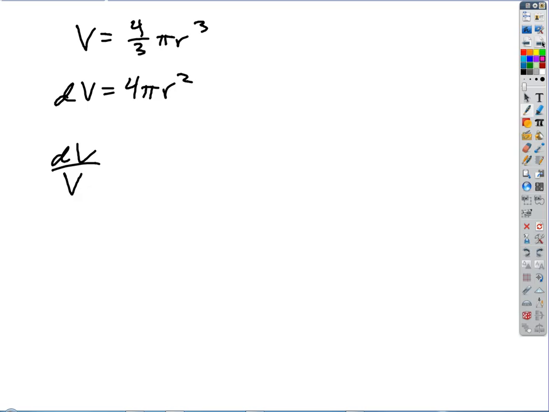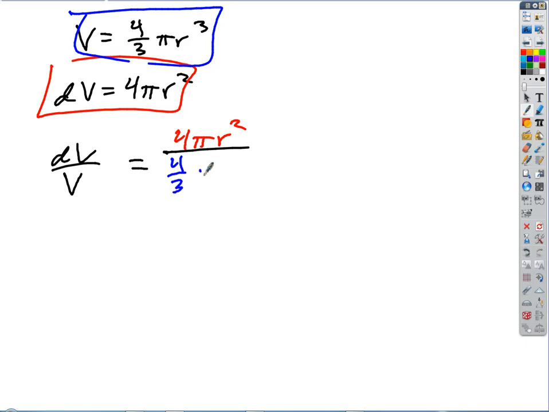Why not, right? We know here that dV is equal to 4 pi r squared, and V is 4/3 pi r cubed. They're using the same variables. Why not just algebraically reduce that ratio?